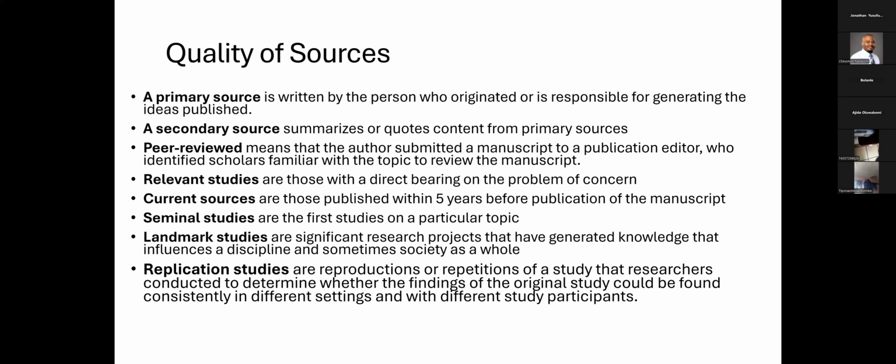So the literature review should be specific to fatigue among children with cancer. Even though you are working on fatigue, you can't do fatigue among the general population, even though it's still under fatigue, but that is not relevant. You can't do fatigue among pregnant women because it's not relevant. What is relevant is fatigue among children with cancer, not children with malaria. So your literature review should be specific.